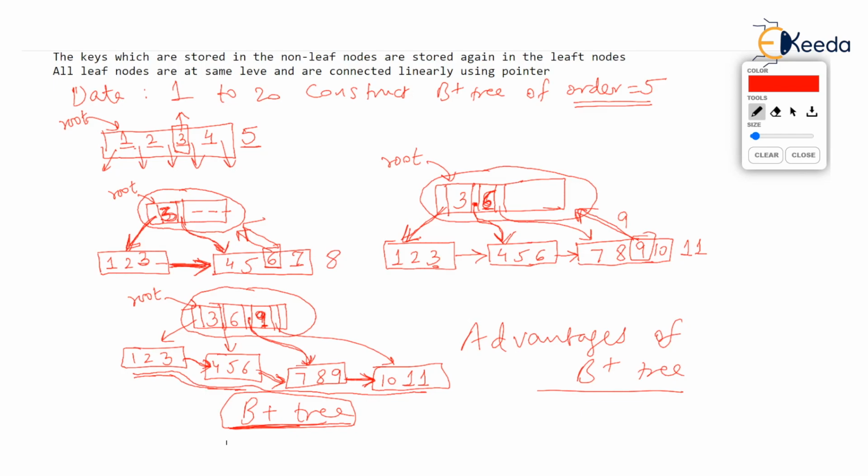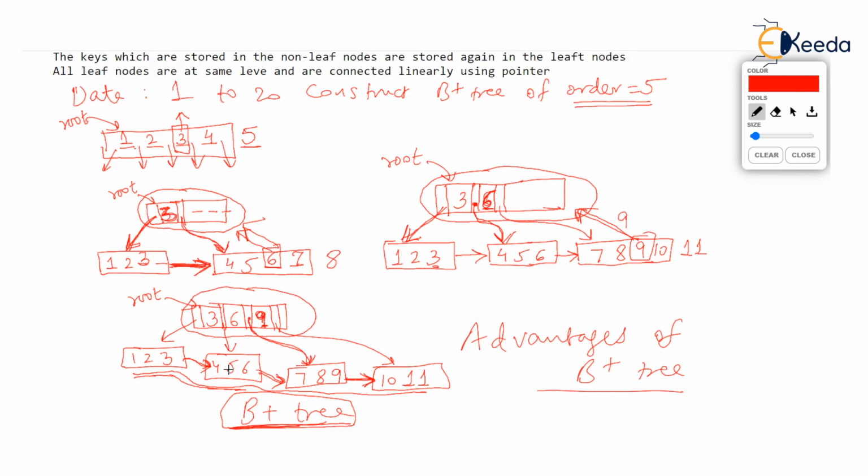You can start searching 6 from root and you immediately get 6 at root. But then you say, okay, I know 6 is stored again to the left. As 6 is in the non-leaf node, 6 is stored again in one of the left children.